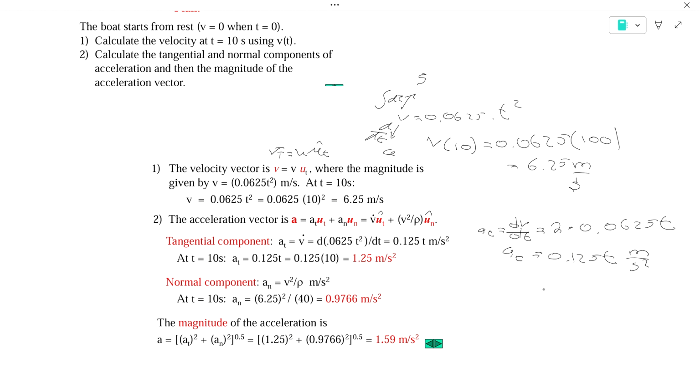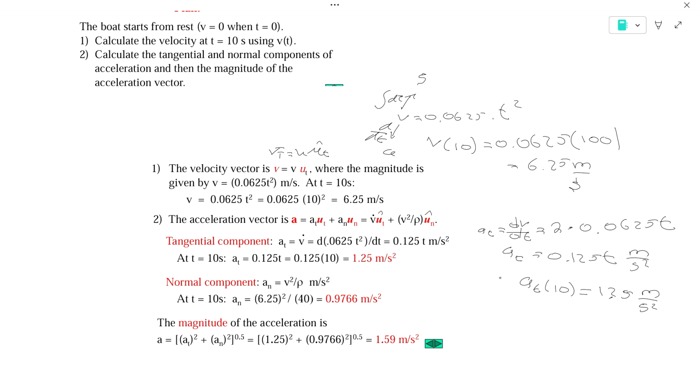Now at 10 seconds we simply evaluate the function, 0.125 times 10, which is 1.25 meters per second squared.